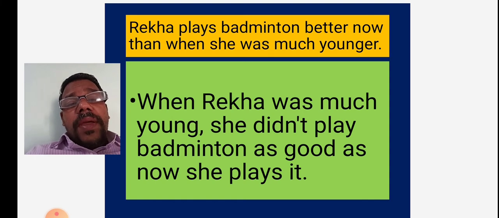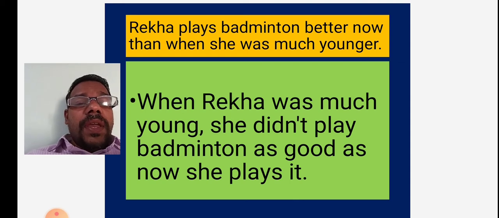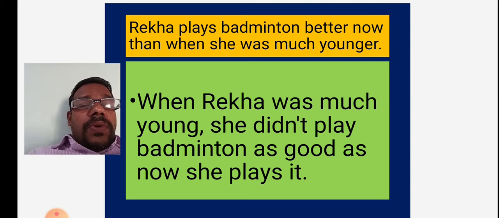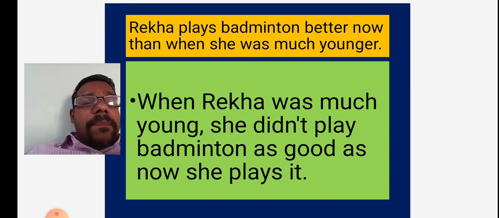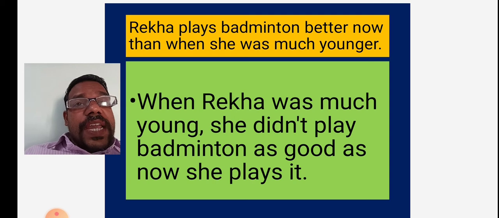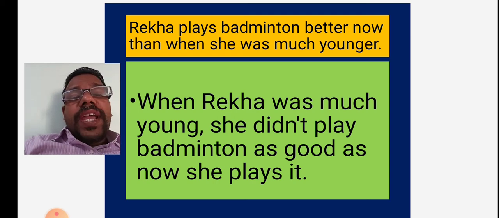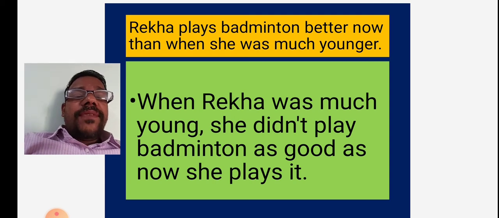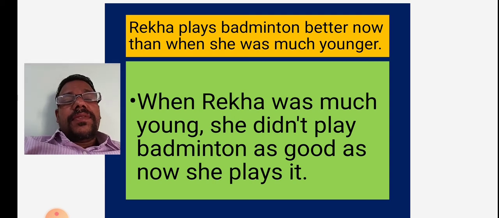You know, good, better, best. These are the three forms of good. So, she didn't play badminton as good as now she plays it. In order to get the clear meaning, I have added this particular clause.